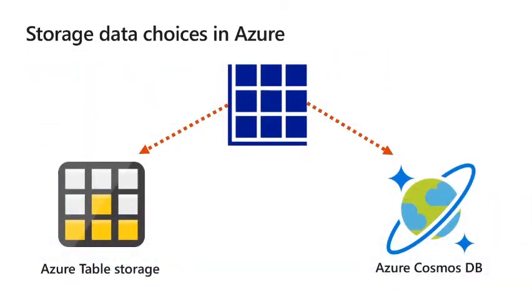So you have two different options for storage choices: Azure Table Storage and Azure Cosmos DB. When you have key-value structured storage data, you can store it in Azure Table Storage or Azure Cosmos DB. So let's discuss the variations between each service.